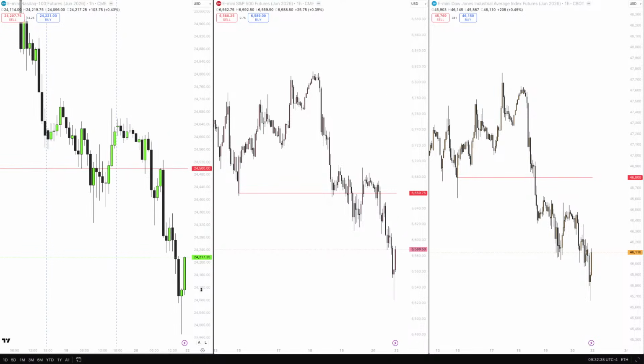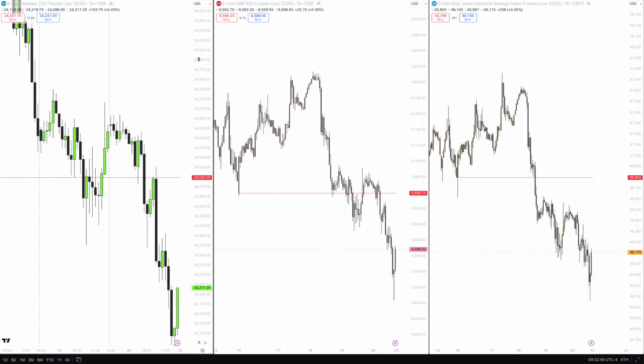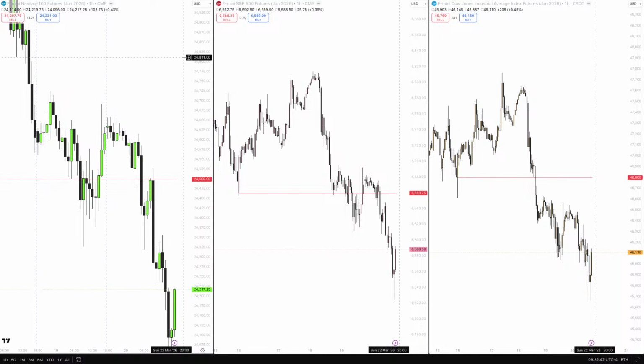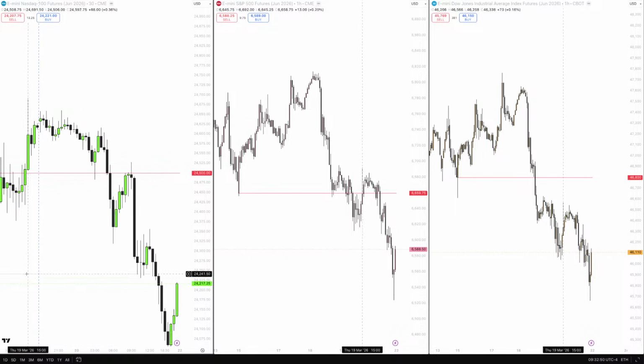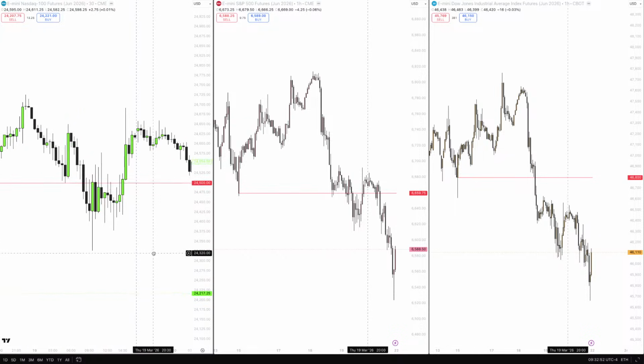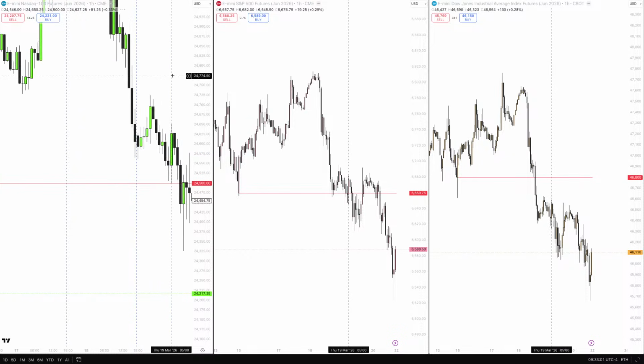And especially what I look at is how we react at the new week opening. So when we see the 1 hour time frame, it looks a little bit different than the 30-minute time frame. So we can see in this instance better what I mean on the 1 hour time frame.